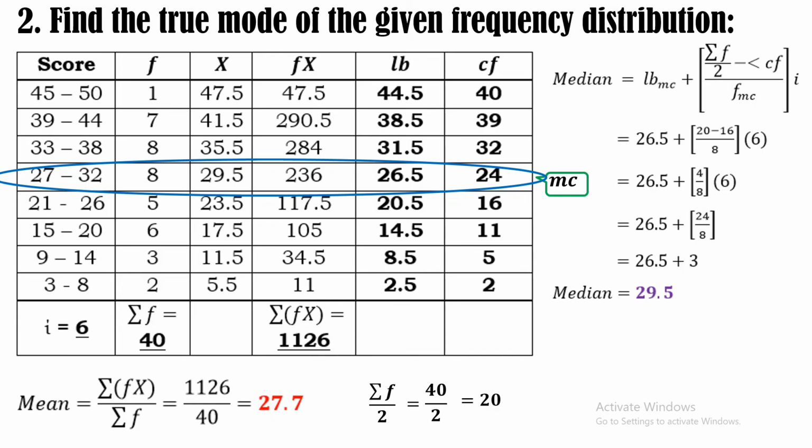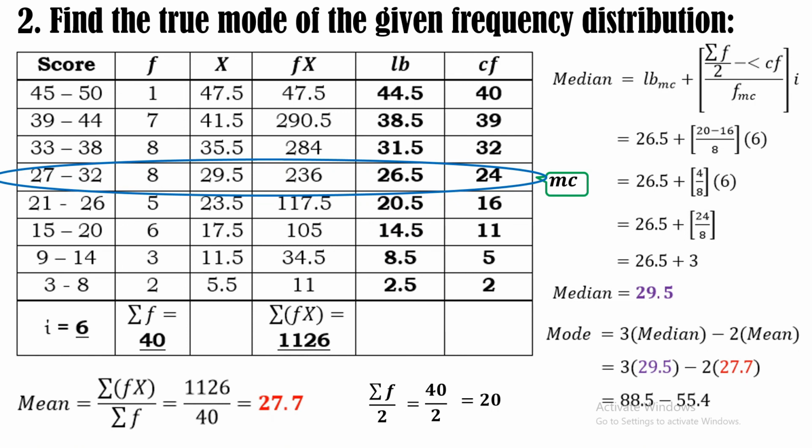So the median of the given frequency distribution is 29.5. Now, since we have our mean and median values, we can now find the true mode of the given grouped data. So we will use the formula mode is equal to 3 times the median minus 2 times the mean. By substitution, we have 3 times 29.5 minus 2 times 27.7.